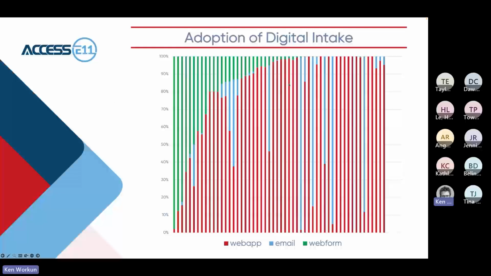So you can see I actually sorted this by the use of web form. There's about 50% of the customers that are using the web form and about 50% that aren't using it at all. Of the 50% that are using it, you can see the percentage of cases that are created through it varies tremendously.